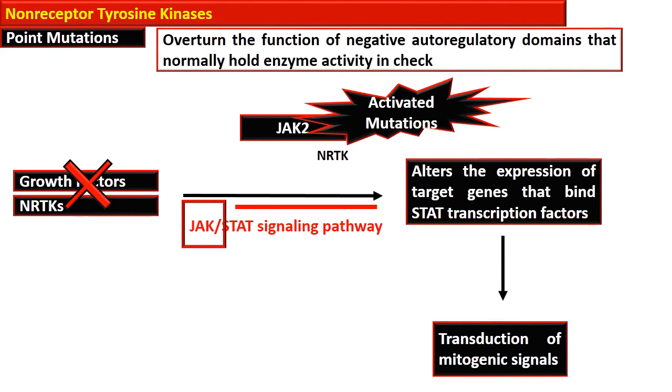So now it is independent of the stimulatory factor. It is seen in myeloid neoplasms, in which it is now independent of the erythropoietin activity, and it functions by itself and is responsible for the transduction of the mitogenic signal. This finding led to the development of inhibitors of JAK2 that are used therapeutically in several myeloid neoplasms.